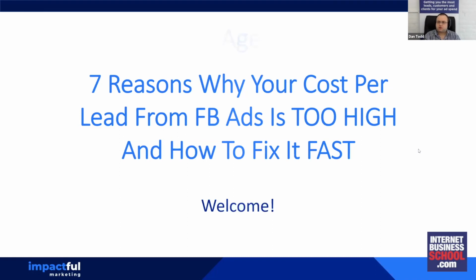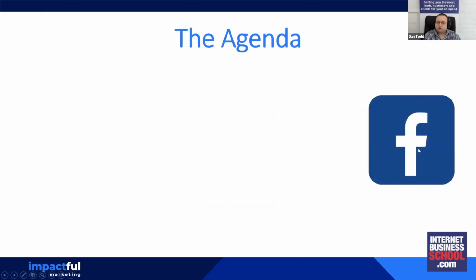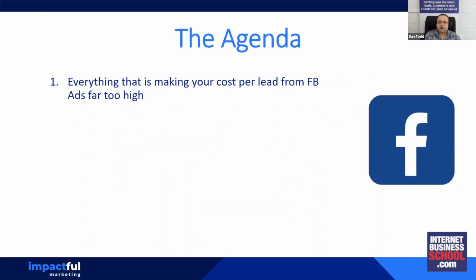So my screen moves. There we go. So what we're going to talk about. First of all, I'm going to be sharing everything that's making your cost per lead, cost per result from ads far too high. Once you know what those reasons are, then you can learn how to fix it as fast as possible.